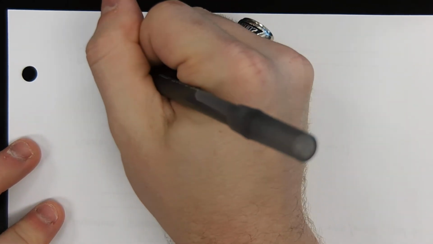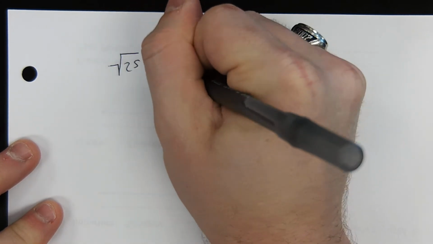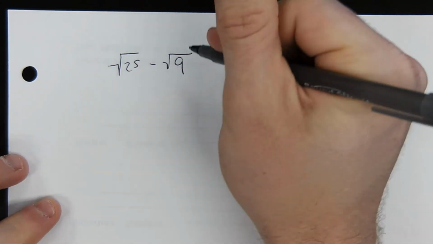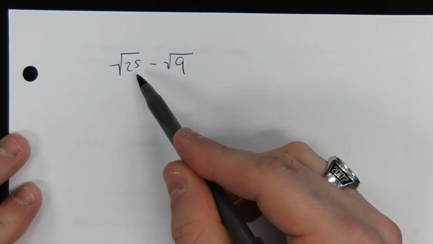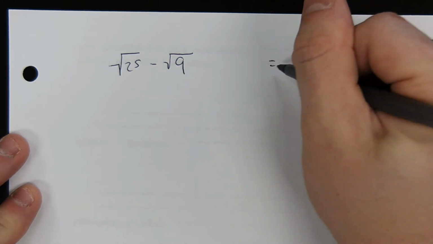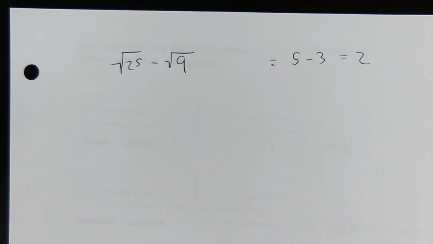Let's just say for the sake of argument for a moment here that it says the square root of 25 minus the square root of 9. And the reason why I chose those is because we know what the square root of 25 is and we know what the square root of 9 is, right? What is the square root of 25? It's 5, and the square root of 9 is 3. So we know that this is actually equal to 2, right?